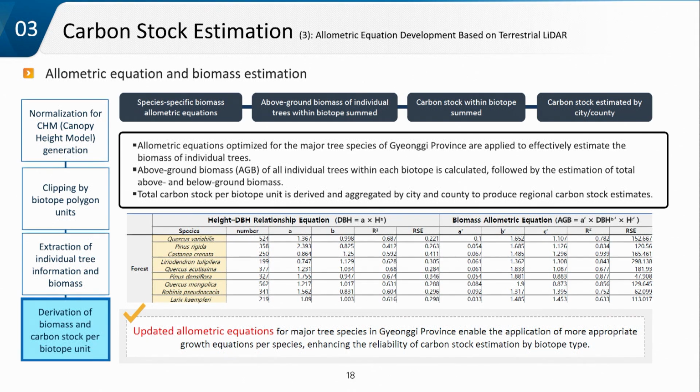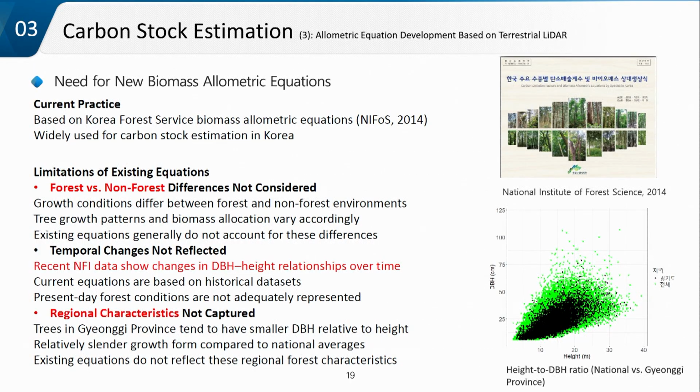So we cannot use the inverse function, height to DBH, DBH to height. There are many over and under estimation issues because no empirical model is perfect. We already had those equations in forestry, but there are some issues.